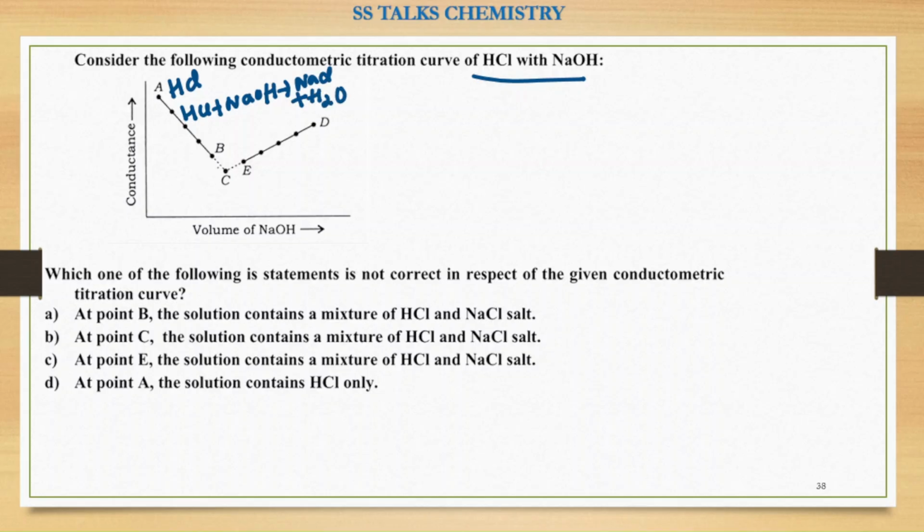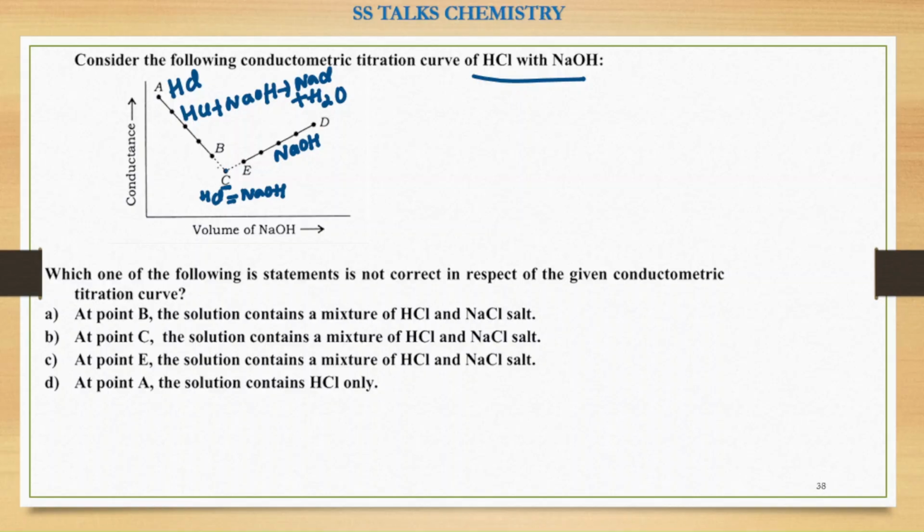Right up to point C, this reaction is going to proceed. At point C, we will be having an equal amount of HCl and NaOH. Their moles will be balanced, and after that we will be having excess NaOH. Due to that, we observe the conductance increase.